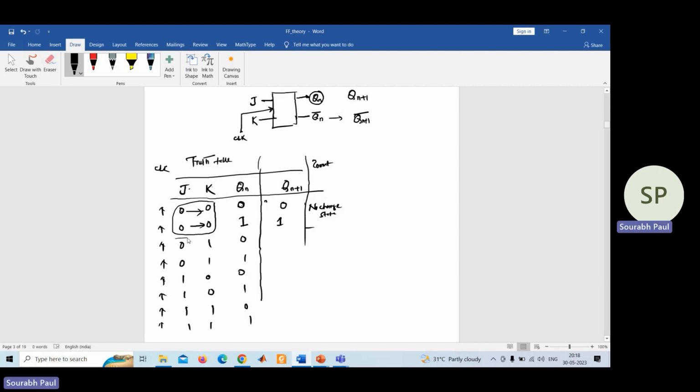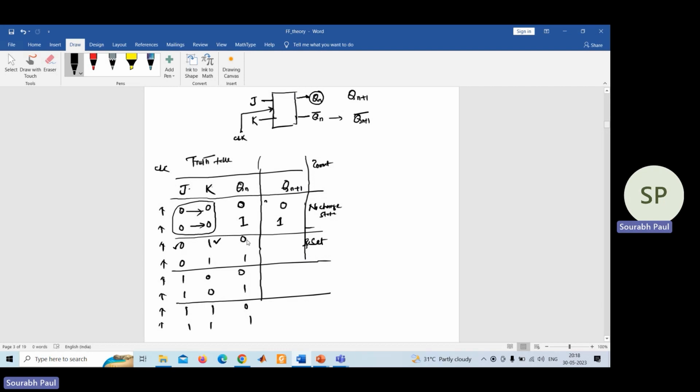Now check the next combination: J equal to 0, K equal to 1. This particular thing is known as reset. What is the meaning of reset?